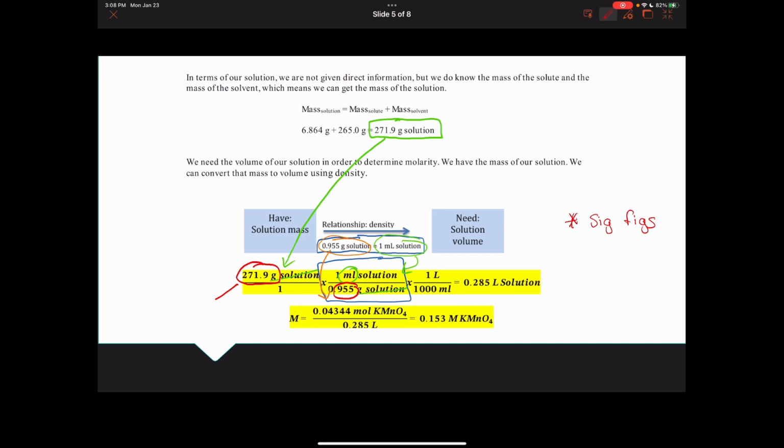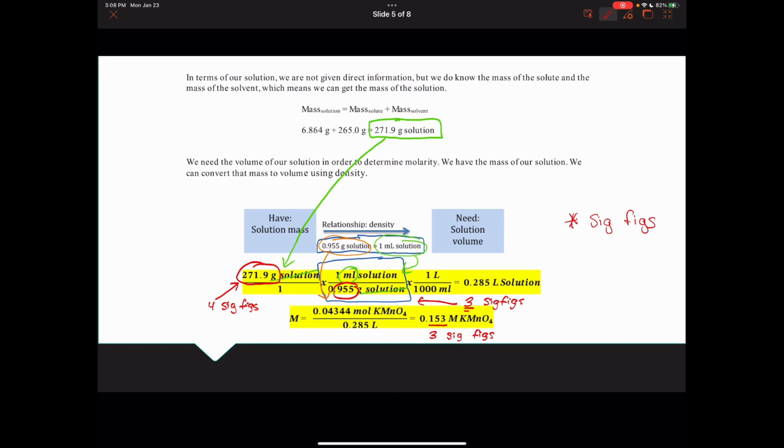So the mass that we started with has 4 significant figures. My density has 3 significant figures. Remember, the 0 out front is not a significant figure. It's just a placeholder. So when we're doing multiplication division, we've got to go with the least number of significant figures, which is 3. So my answer has 3 significant figures.